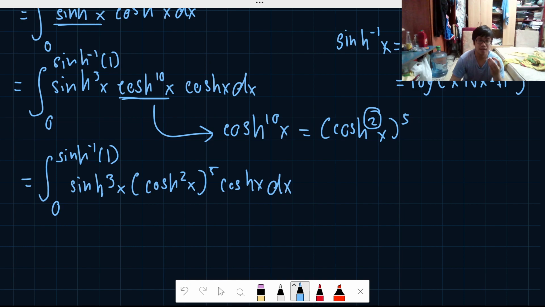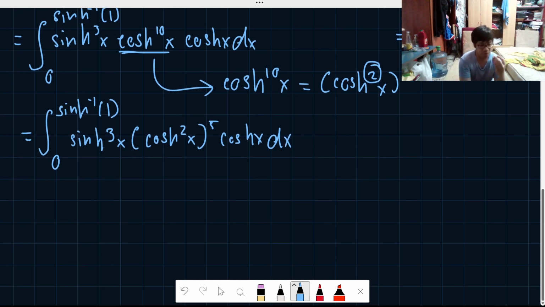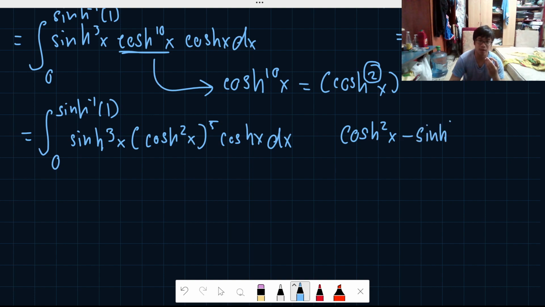Now what we're going to do is apply a Pythagorean identity of hyperbolic trigonometric functions. In the Pythagorean identity of hyperbolic trigonometric functions, we have the square of hyperbolic cosine of x minus the square of hyperbolic sine of x is equal to 1. The difference between these two will give you exactly 1. Now, let's say you want to find the square of hyperbolic cosine.